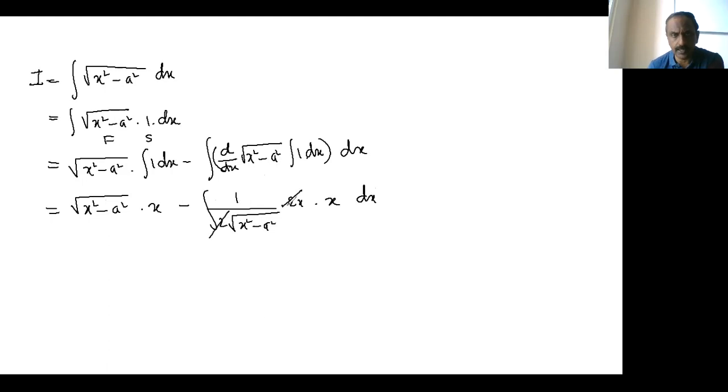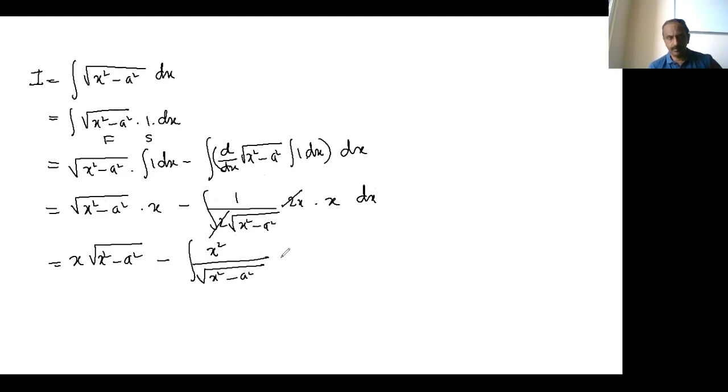This 2 and this 2 got cancelled. So this became x root of x square minus a square minus, here I will get x square upon root of x square minus a square. Now to bring the denominator term into the numerator, I will add an a square and subtract an a square.